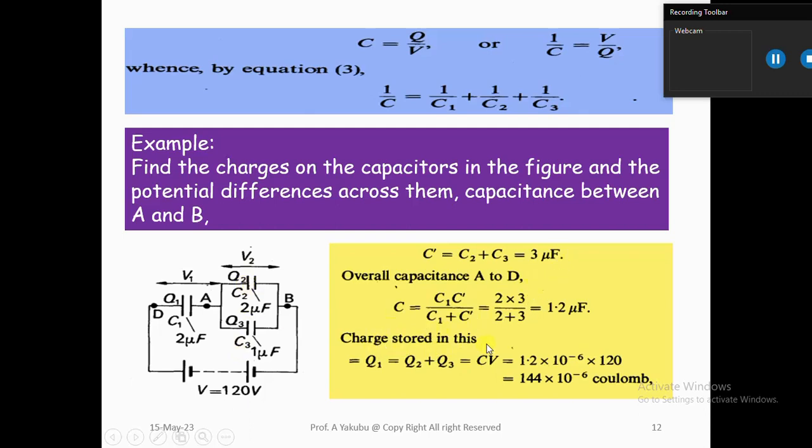The charge stored in this is Q1 equals Q2 plus Q3. So Q1, which is what is inside here, Q2 plus Q3, is CV.